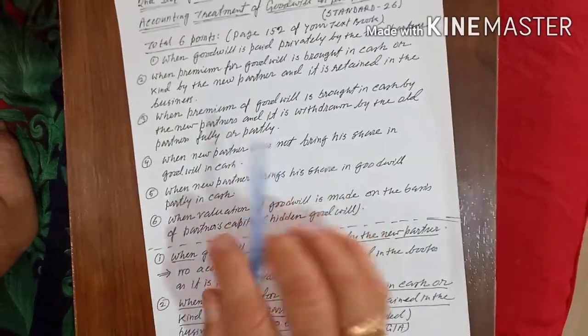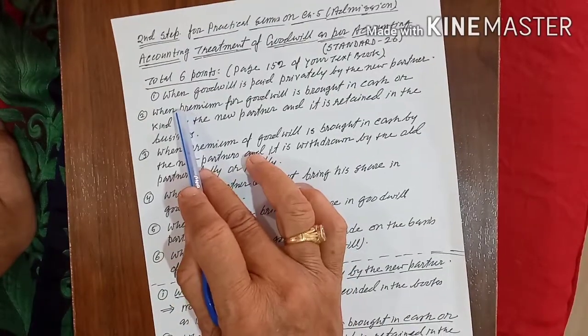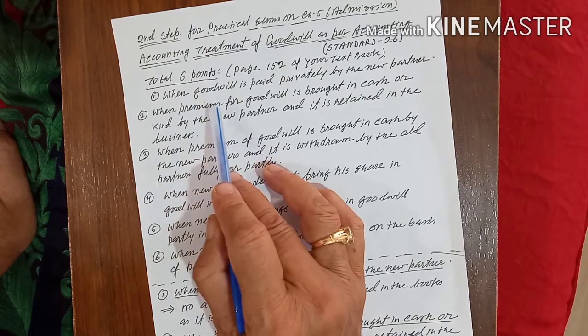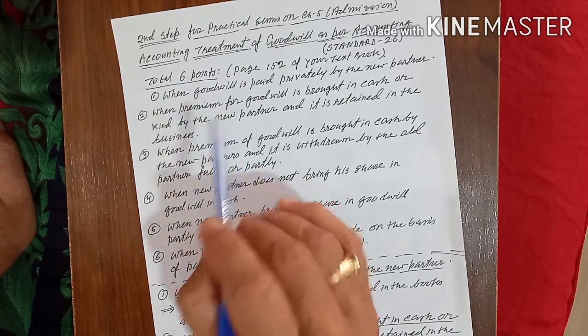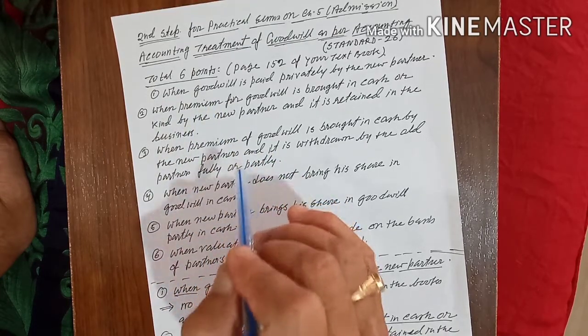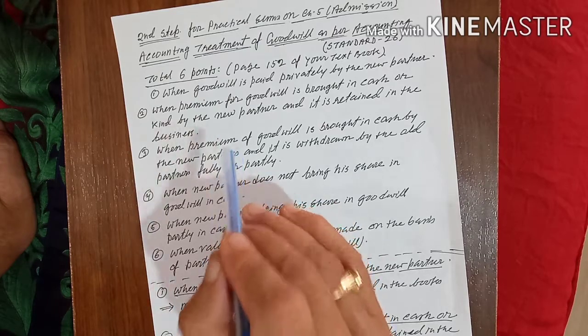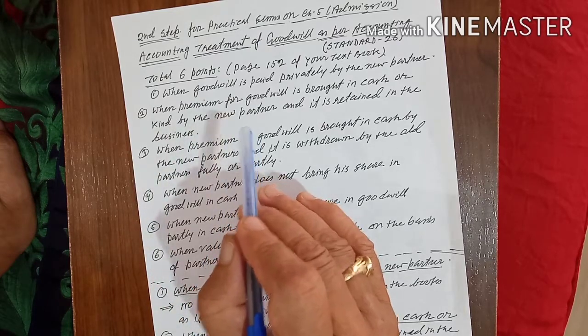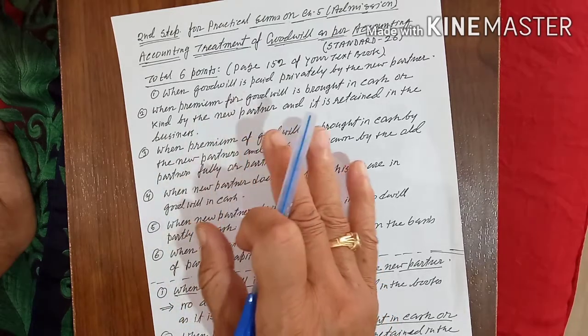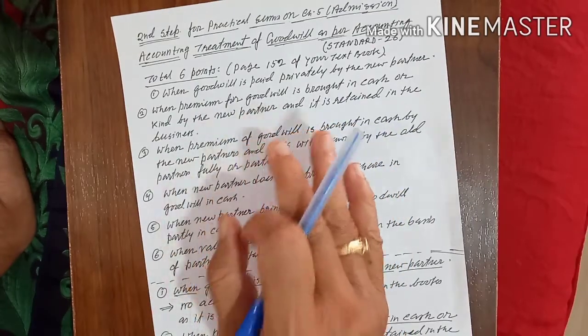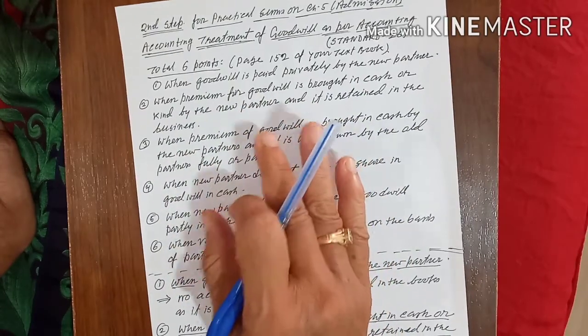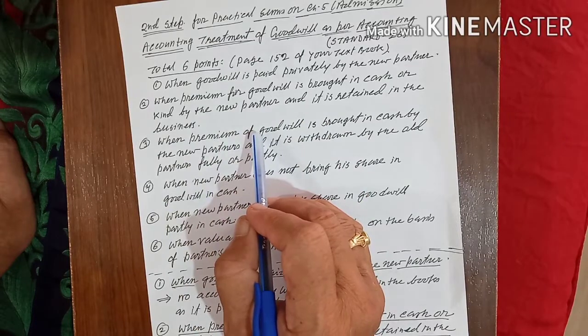You follow it. The first one. Once again I am telling you, this is the point which will create problems for you. So many students do not understand how to calculate the amount of goodwill. Sometimes it will not be given directly in the questions.